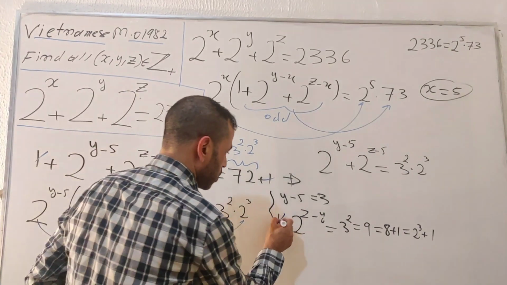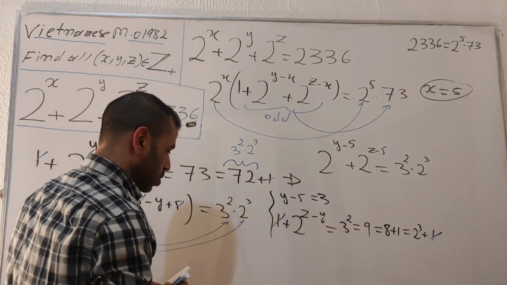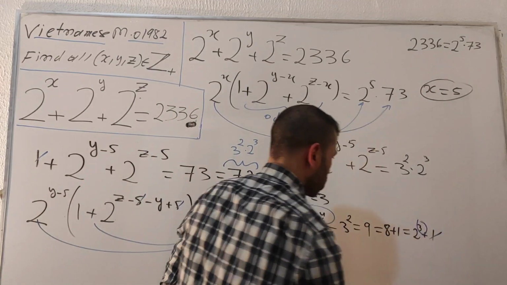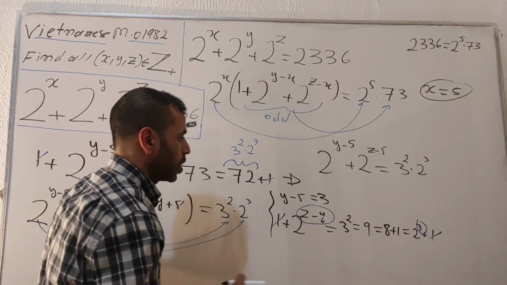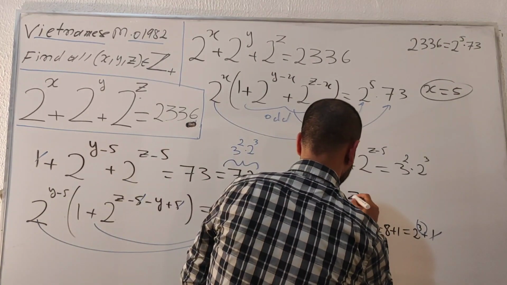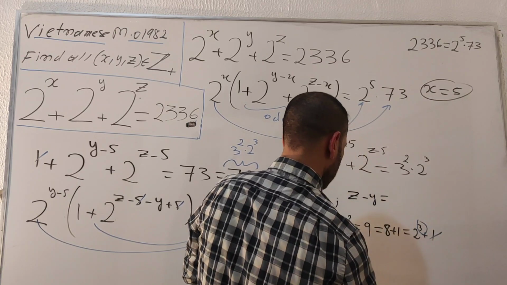Let's cancel out number 1 from the left and the right. So I will be left with z minus y equals this exponent 3.